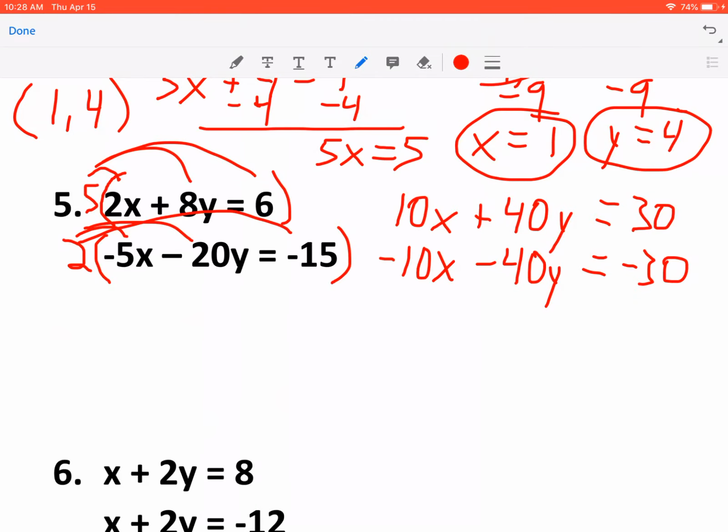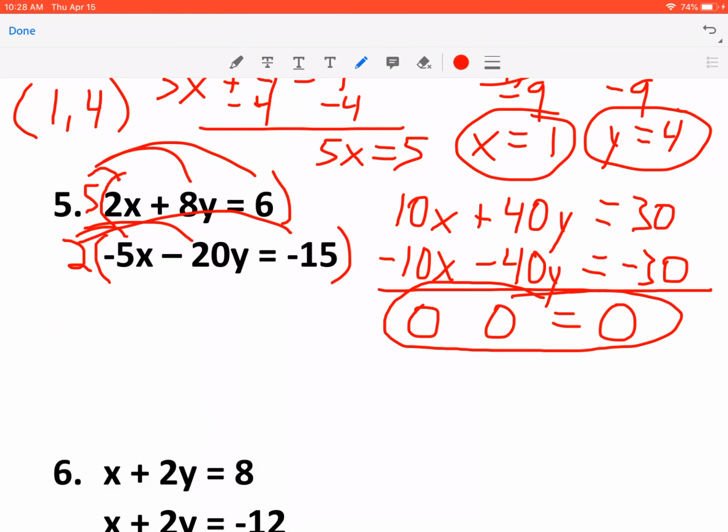But the problem is, when I add everything, I get 10x minus 10x is 0, 40y minus 40y is 0, and 30 minus 30 is 0. Whenever everything cancels, what that means is you have the same equation sitting on top of the same equation.